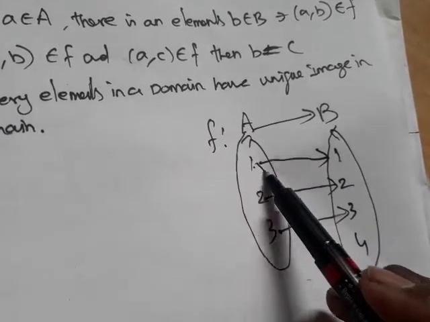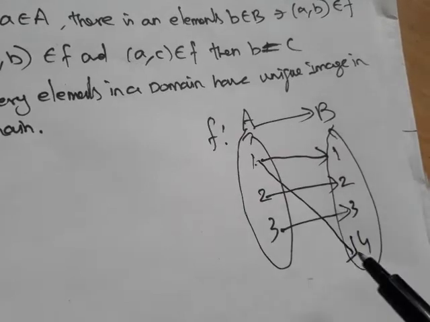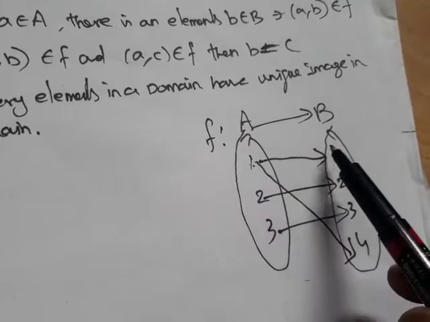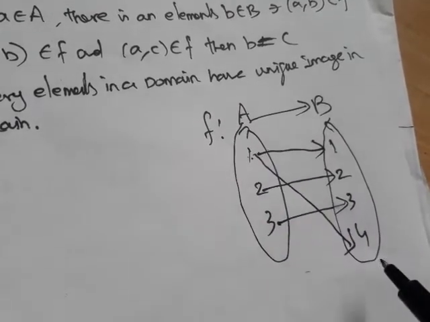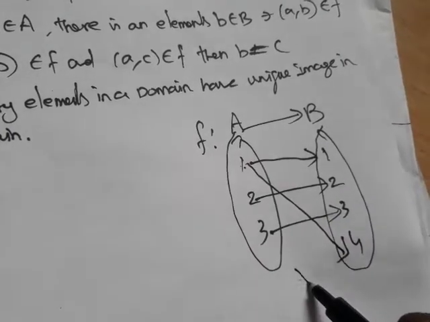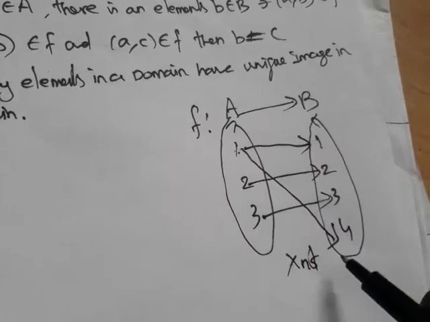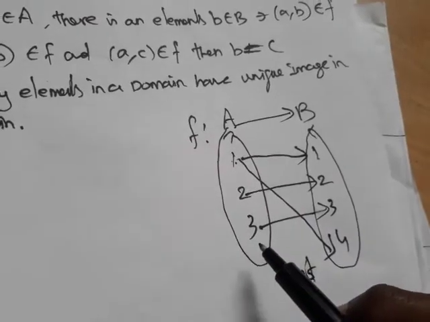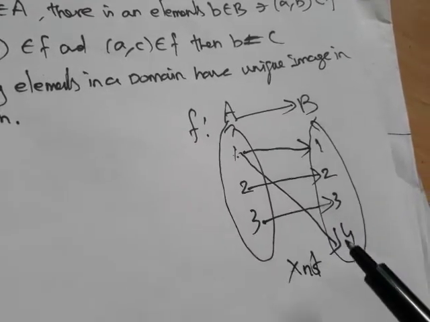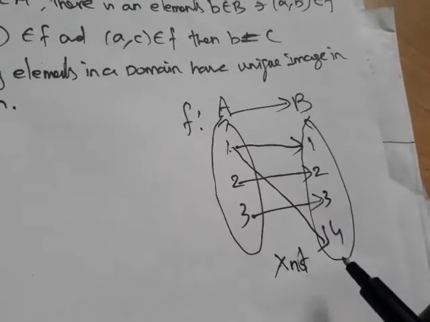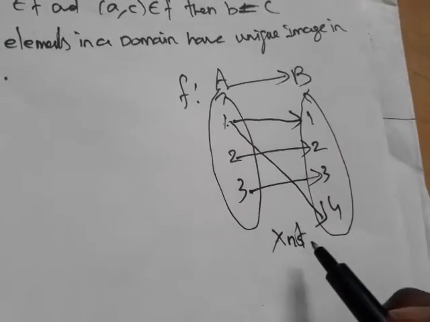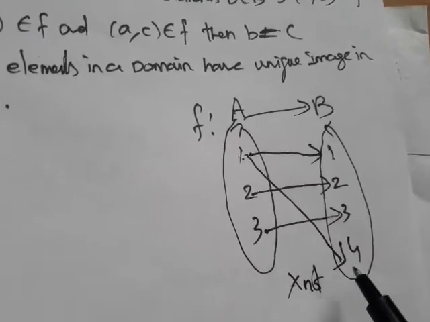If I say 1 has an image 1 and 1 has another image 4, then this is not a function, because each element has a unique image in the codomain. So it is very easy to understand. We call this mom and son.